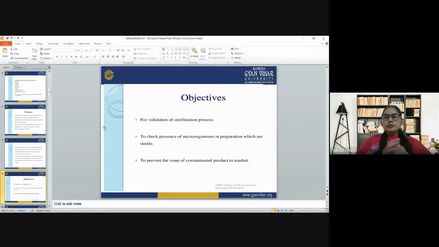Now, the objectives of sterility testing are the validation of the sterilization process, to check the presence of microorganisms in preparations which are sterilized, and to prevent the issue of contaminated products in the market.